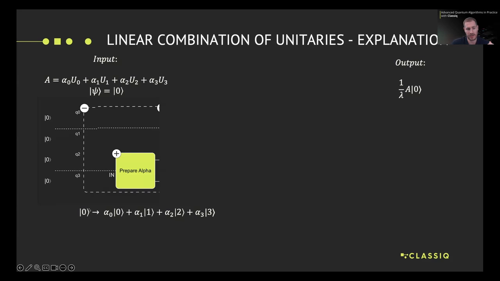On the bottom we have another auxiliary register, the prepare register, which we prepare in a superposition of states according to the alpha coefficients. The coefficient of the 0 state is alpha 0, the coefficient of the 1 state is alpha 1, and so on and so forth. This should be normalized, but let's ignore the normalization for a second, in order to understand it in a more intuitive way.